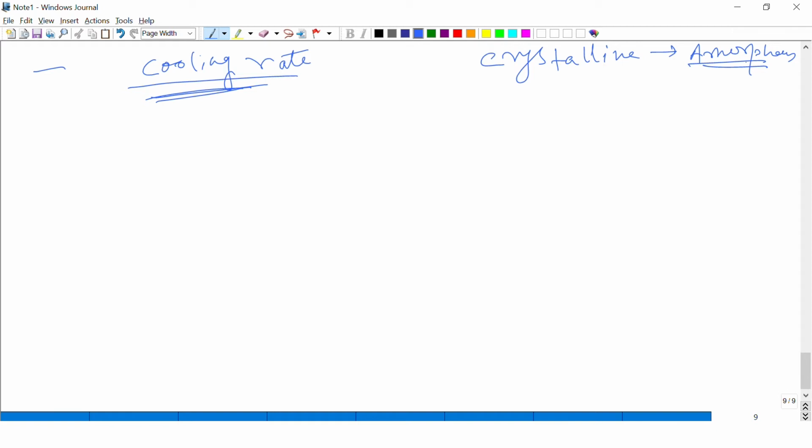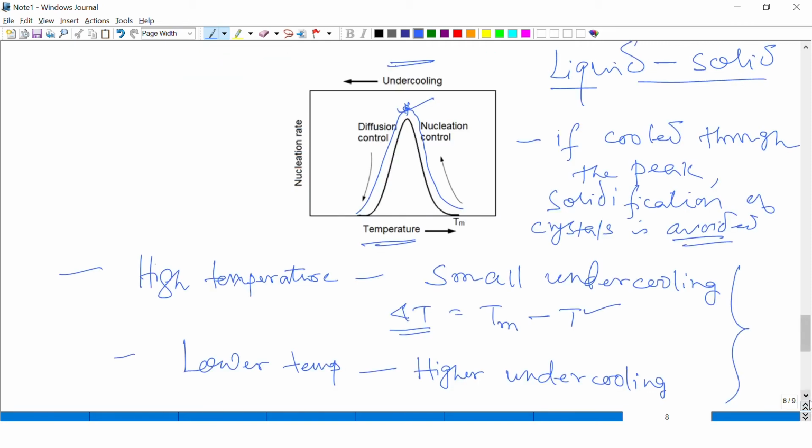Okay. So, we will come to that, but before that you need to understand, as I said, what is the bearing of this undercooling on this transition between crystalline and amorphous solids. Okay.